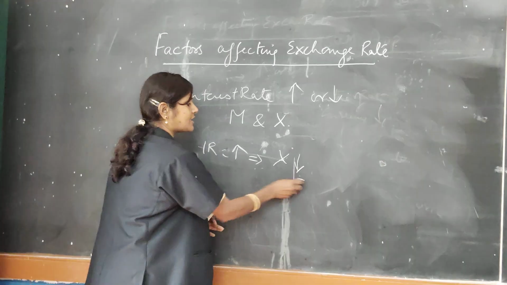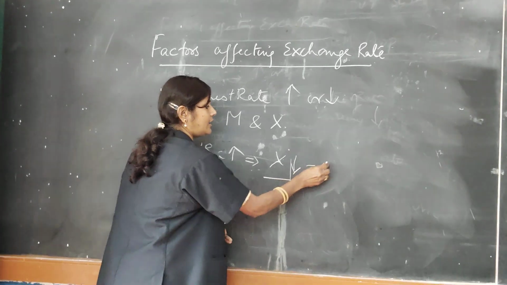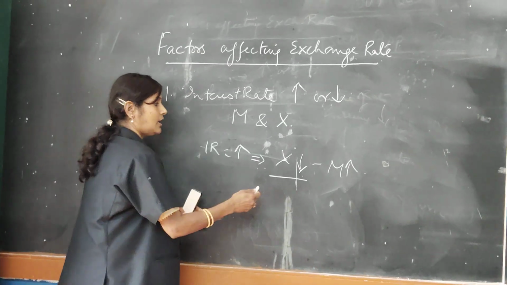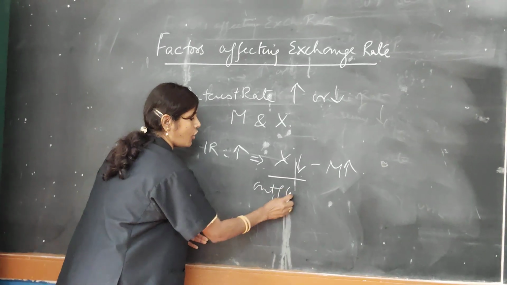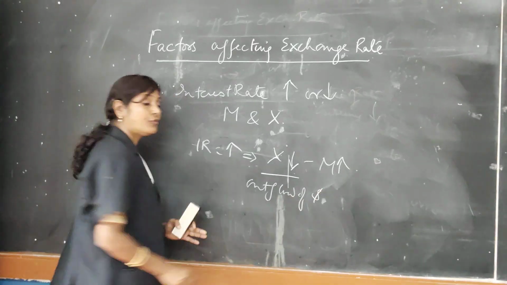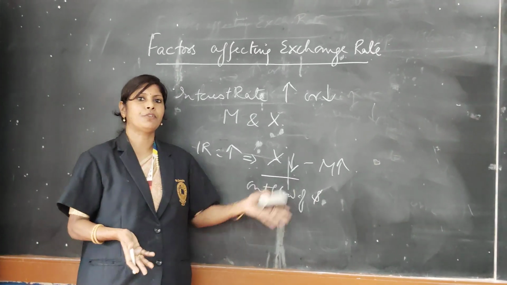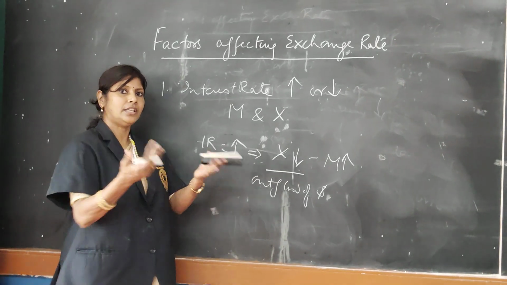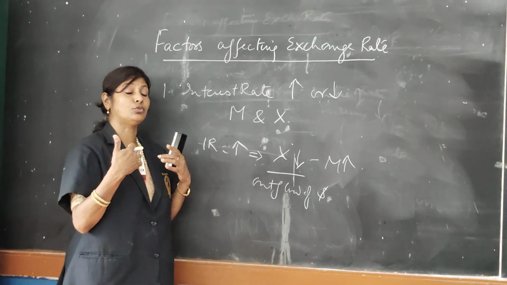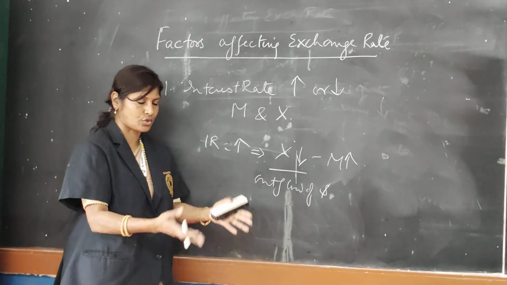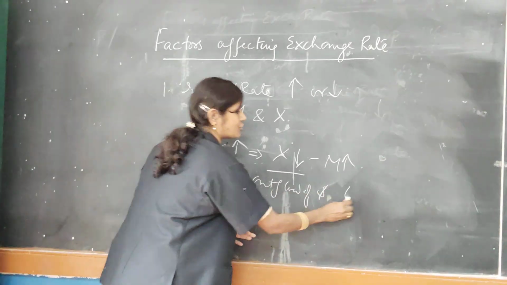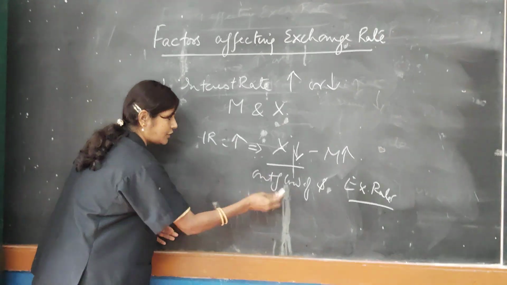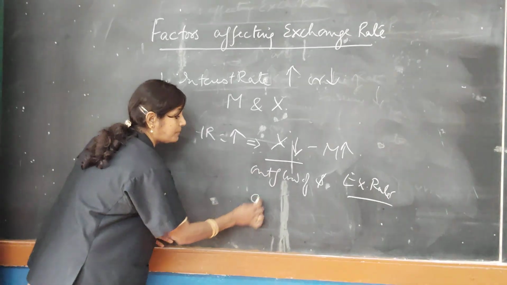And when exports decrease, imports automatically increase. So there is an outflow of dollars. People are buying more imported goods, so the dollar money is going out. In this case, what will happen to the exchange rate? The exchange rate will fall, or there will be depreciation.